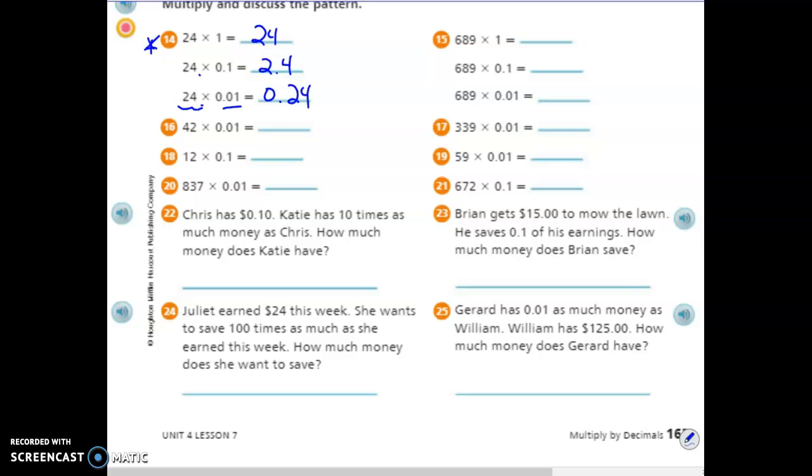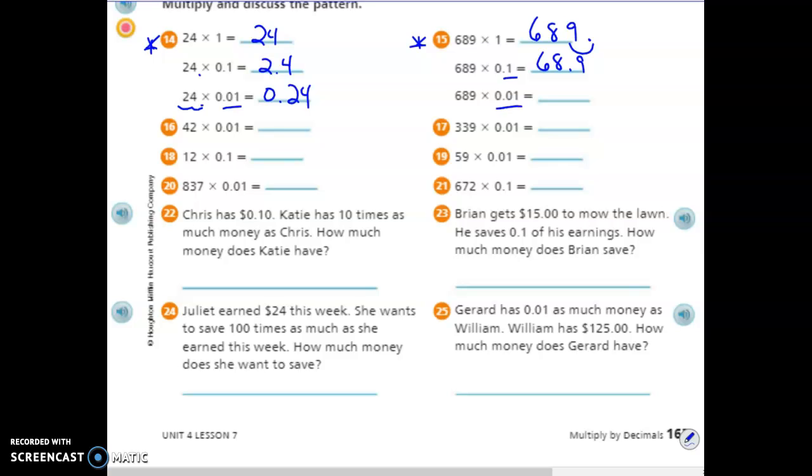Let's try number 15 over here. 689 times 1 is 689. Now we're going to take 1/10 of it, so it's like we're cutting it into 10 pieces. Where's the decimal in this number? Oh yeah, it's at the end. So we're going to make one shift of that decimal. One shift back, it's going to be 68.9.